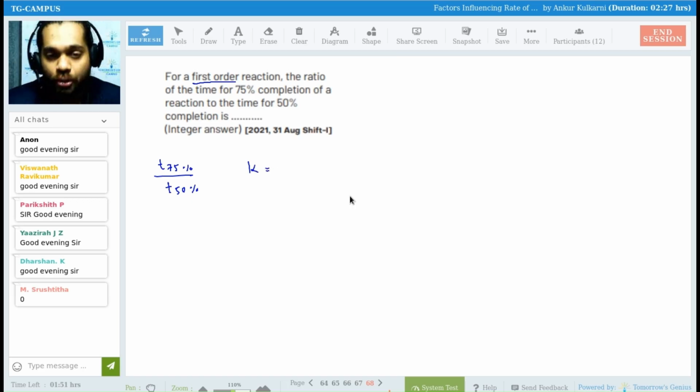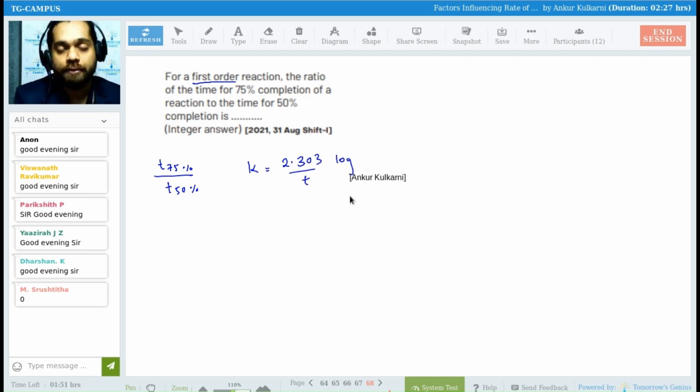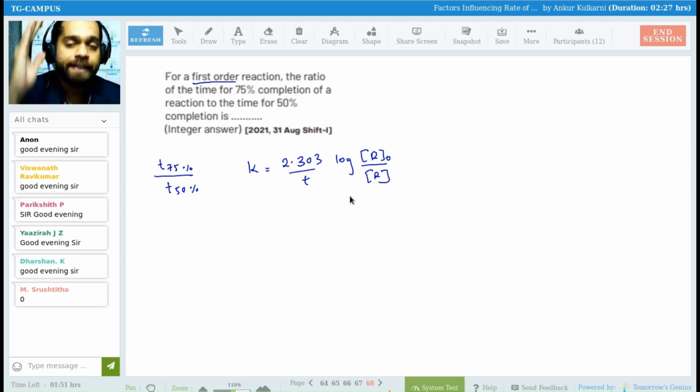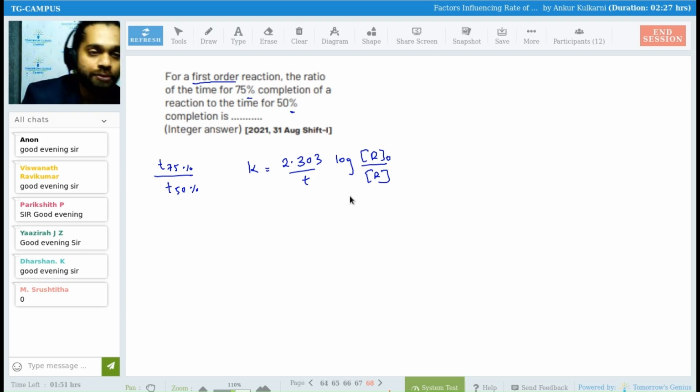K is equal to 2.303 over t log of initial over final. Now, everyone, whenever there is a percentage given, what should we consider as the initial value?